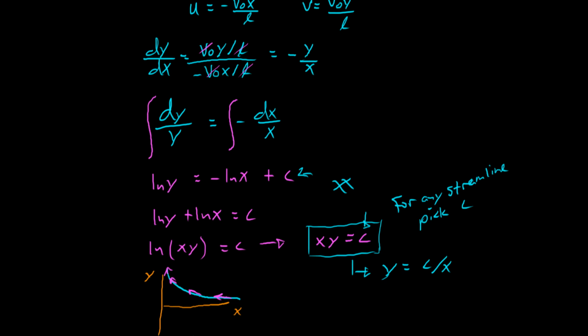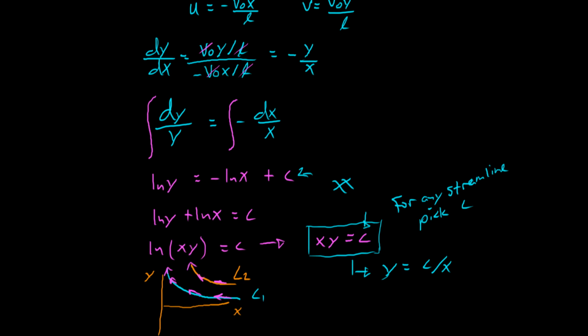But we could pick a different value of c. So let's say this is the streamline associated with a value c1. If I throw some other value of c in there, it's just going to give me a different curve. So maybe this is the streamline associated with c2. c equals, I don't know, 47. Doesn't matter. And once again, it will also be tangent to the velocity field of the particles going through there.